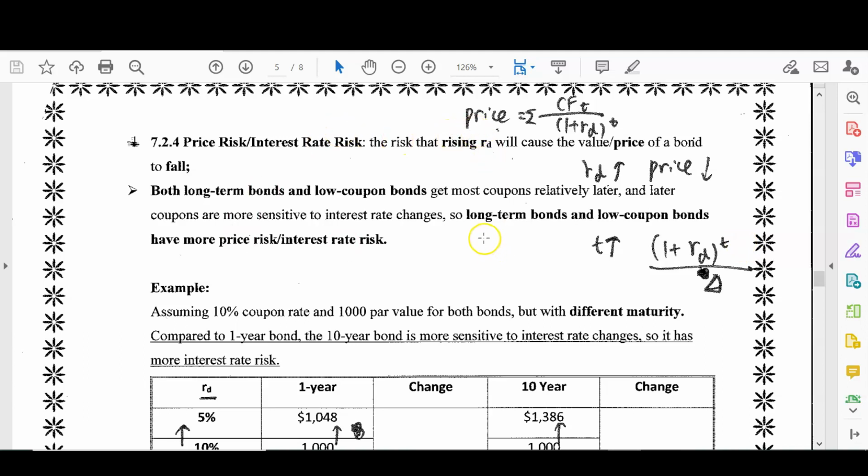So long-term bonds have higher price risk. For low coupon bonds, the money comes later, T is larger, so they also have higher price risk or interest rate risk.